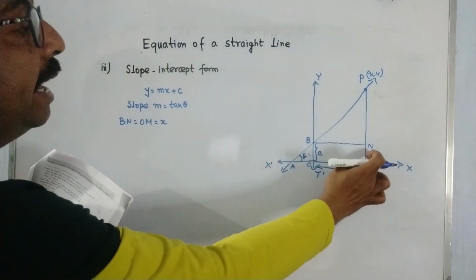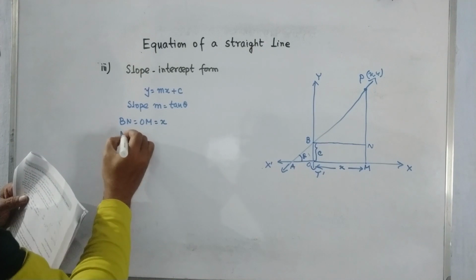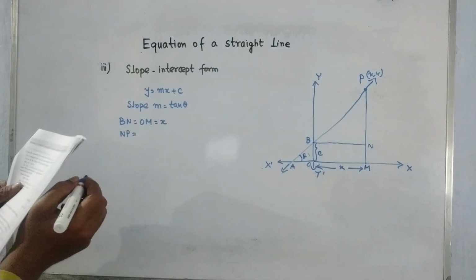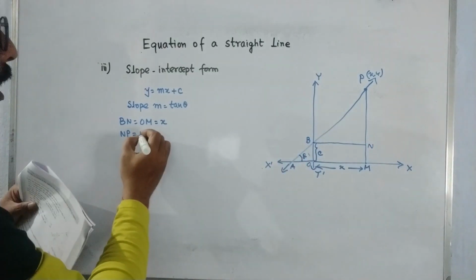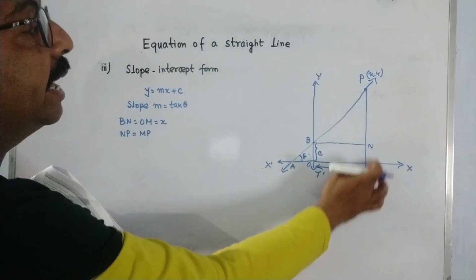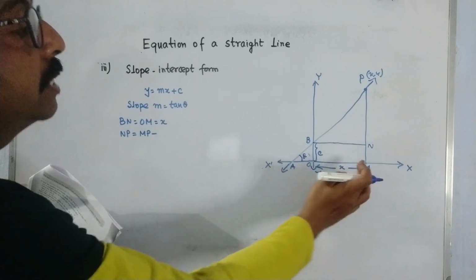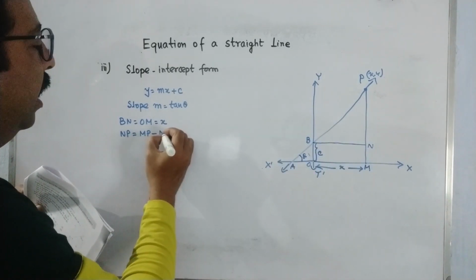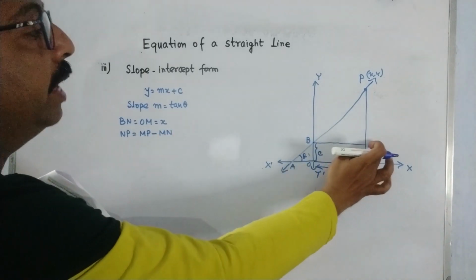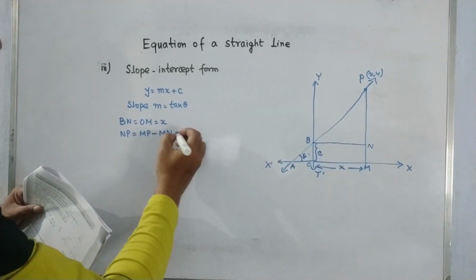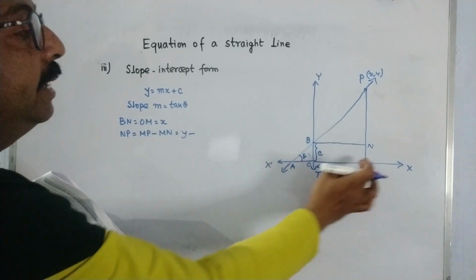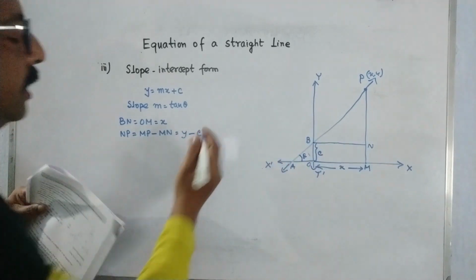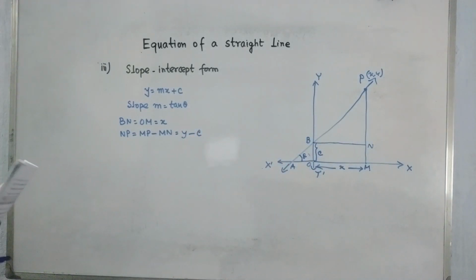And NP equals MP minus MN. And we have NP, so NP is simply Y minus MN, which is simply C. Fine.